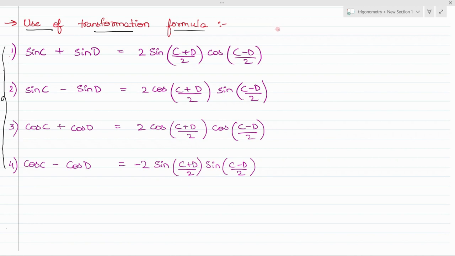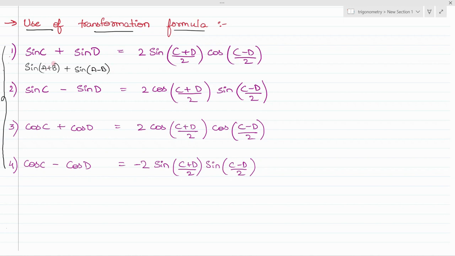Just now, in the previous lecture videos, we have seen how to prove the conversion of product to sum or differences, right? So using the same thing, we are going to do this. If you carefully observe, this can be written as sine of a plus b plus sine of a minus b.